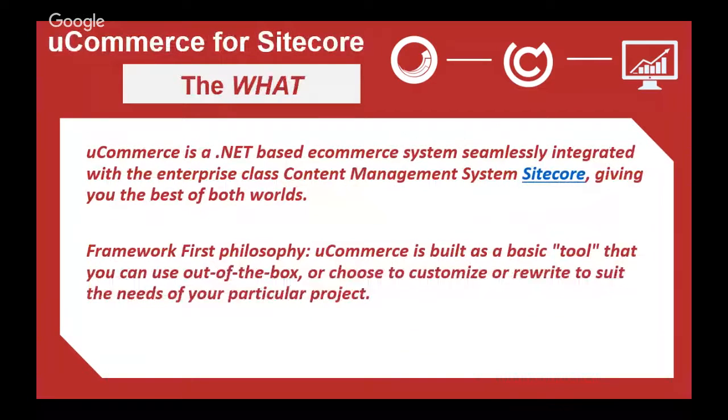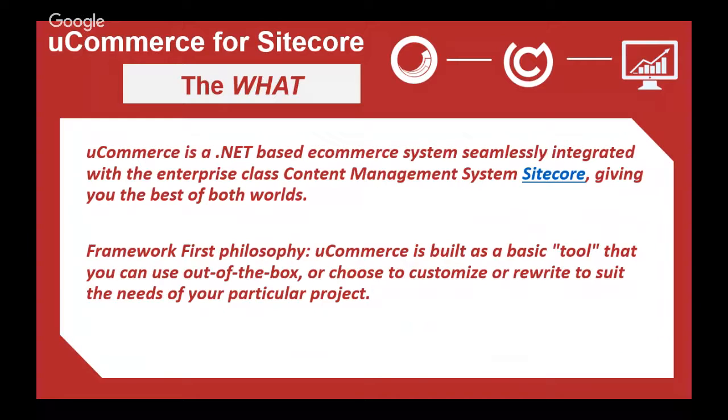So in a nutshell, what is uCommerce? uCommerce is a .NET-based e-commerce system that is integrated with Sitecore in a very unique way. And I'll be frank, I haven't experienced working with other e-commerce systems like Active Commerce or Sitecore Commerce, but I know one of the really important features of uCommerce is the fact that it can reside inside your content management, meaning that your content editor can just go there.